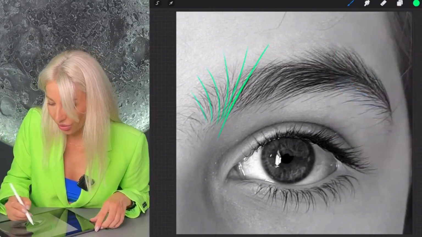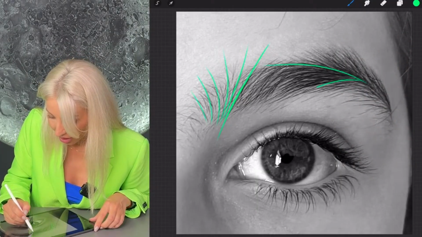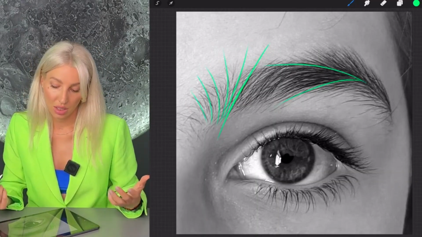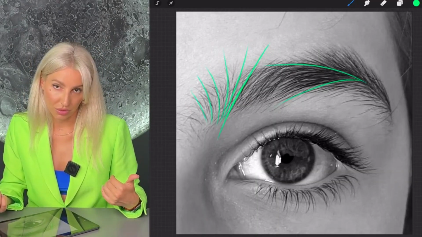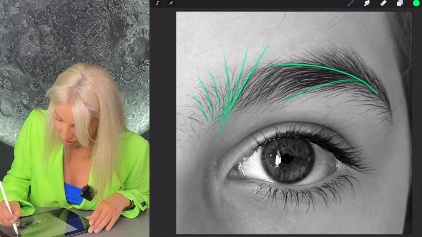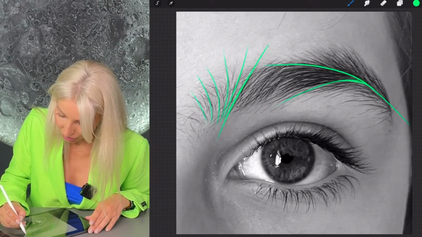Then you see this area is very dark. That means that this is the body, the main area of our eyebrow, where we need to draw a lot of hair strokes.